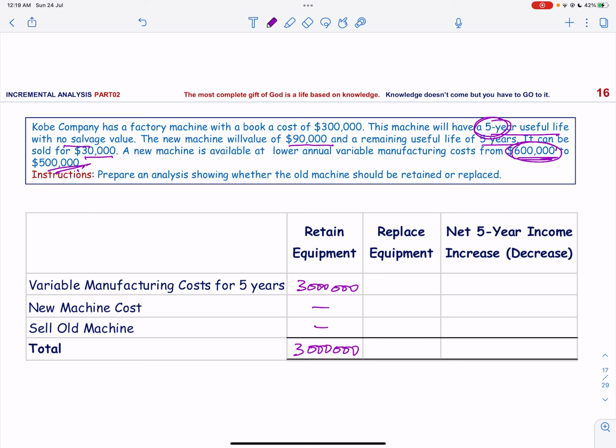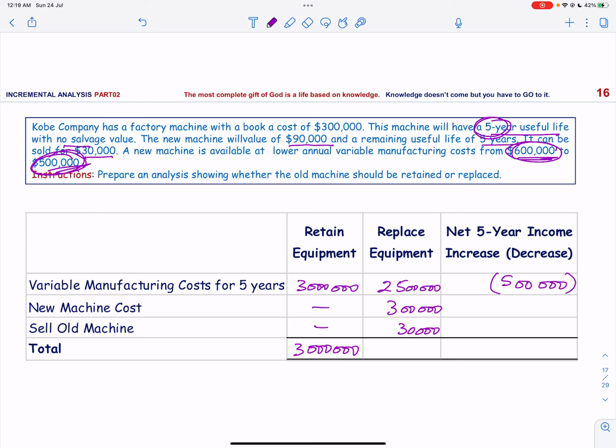If we replace, the variable cost will be 500 each year, so for 5 years, it makes 2,500,000. If we buy the new machine, it is going to cost us 300,000, and we can sell the old machine for 30,000. That means our variable cost is going to decrease by 500,000.